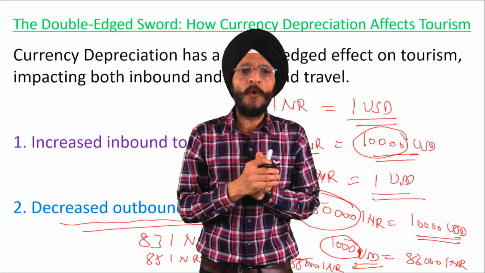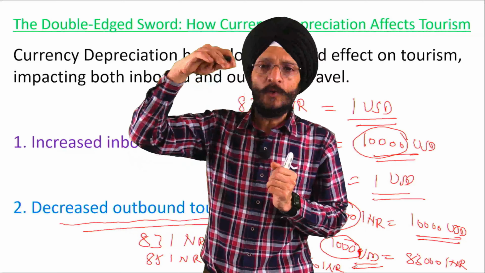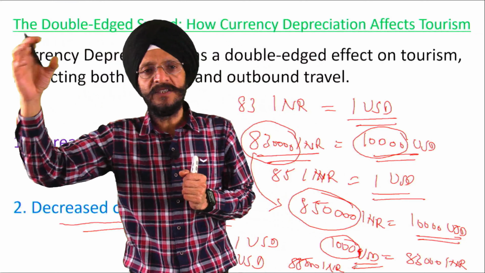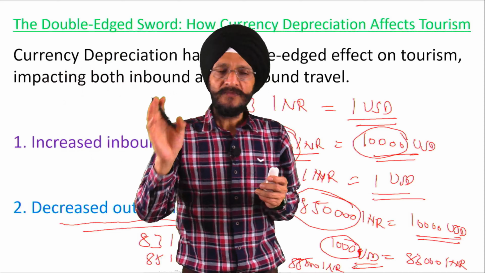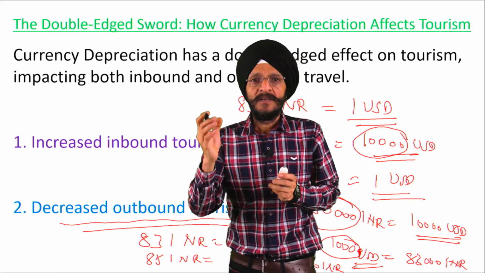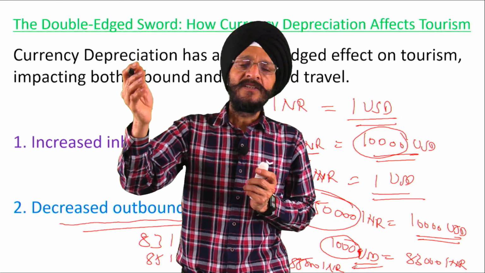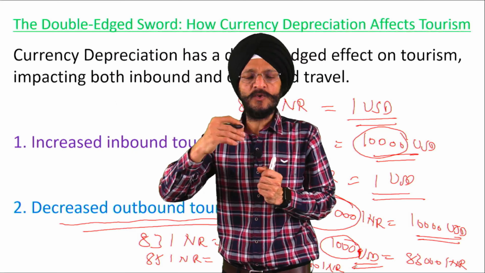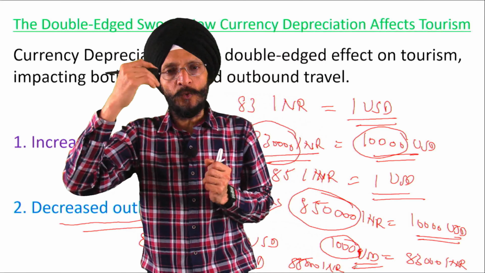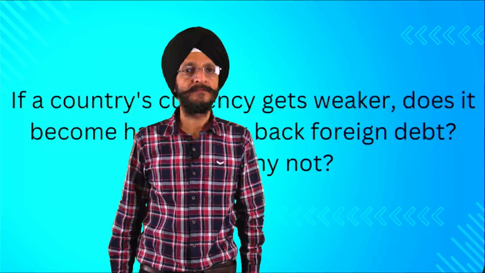So outbound tourism is adversely affected. The tourism in foreign countries is somewhat affected. So in a nutshell, currency depreciation not only affects the tourists who come into our country, but also affects the tourism industry in other countries.